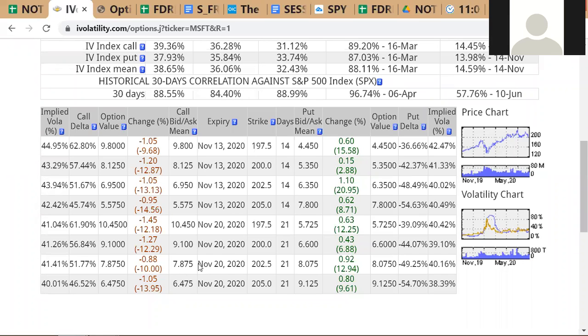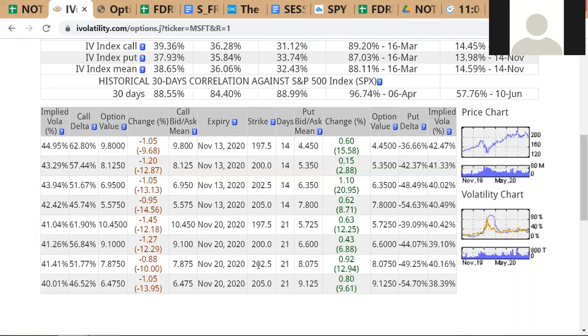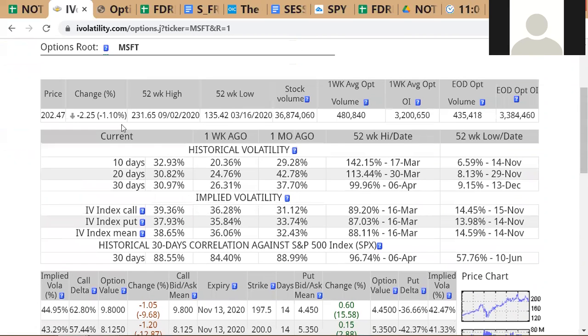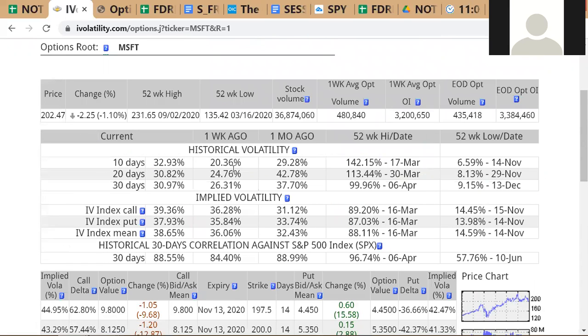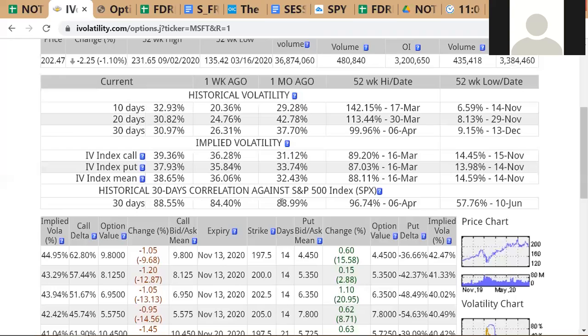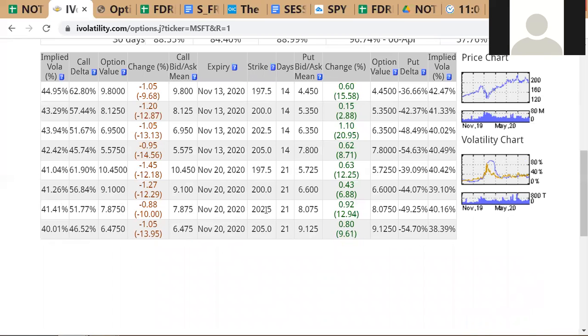The strike is 202.5, and the market price is 202.47, so the strike price is almost equal to the market price. If you exercise this call option, buy at 202.5 and then sell at 202.47, it's actually a loss, because your exit price is lower than the entry price for a long position. So in this case, the IV is 0.